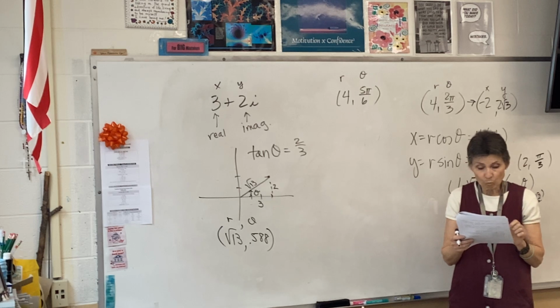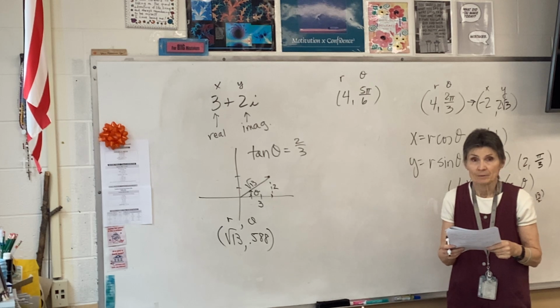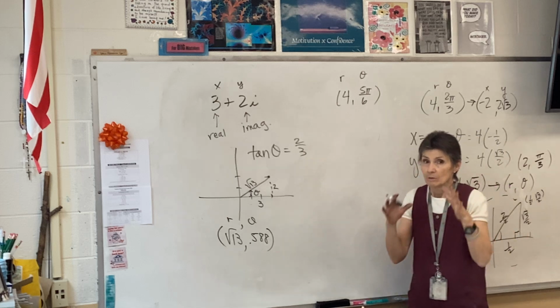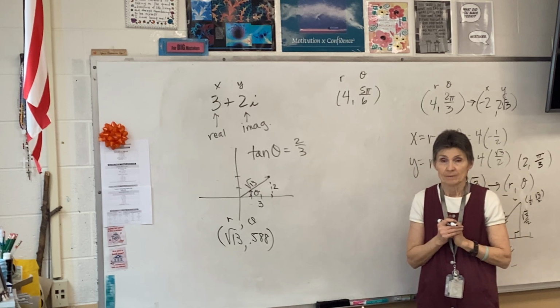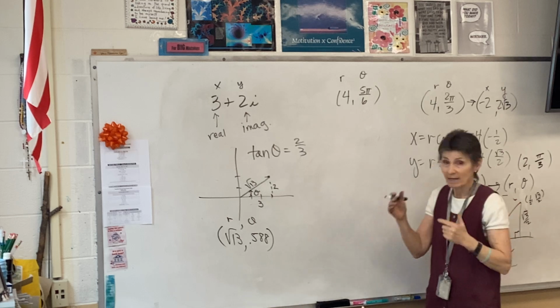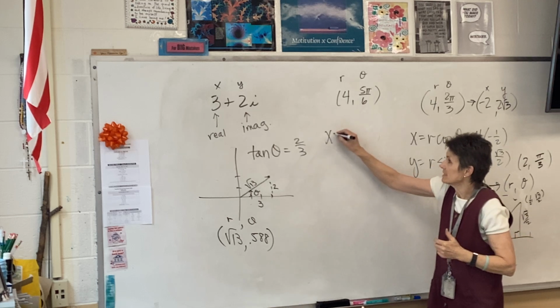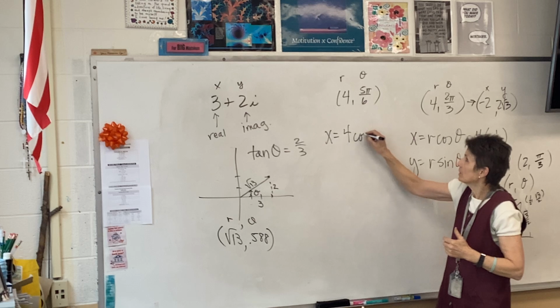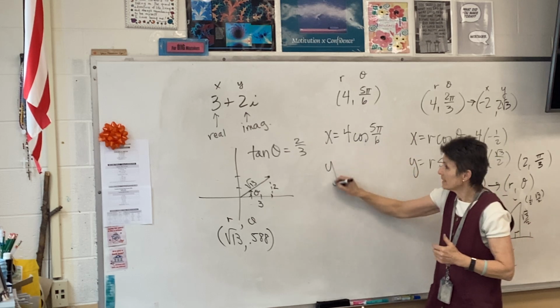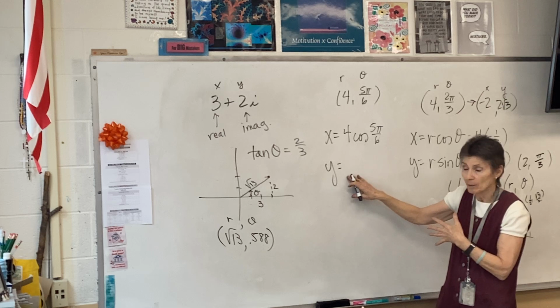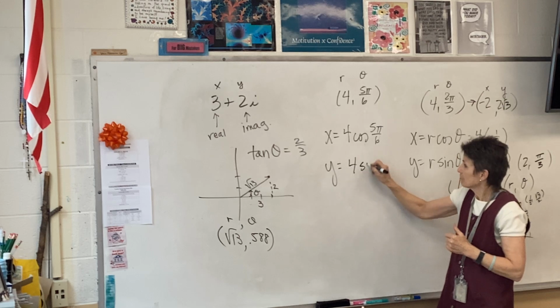All right, what is the real component? Now, the real component is x. I don't know what x is, but I can find it because x equals r cosine θ. And y equals, this is the imaginary component, y equals 4 sine θ.